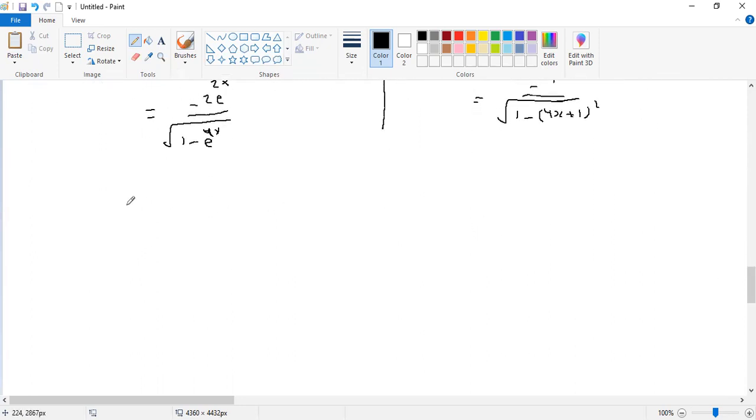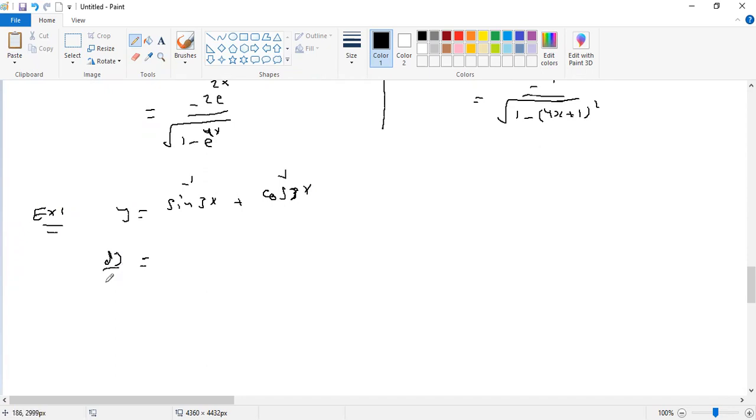Then another example. If I have y equals sine inverse of 3x plus cosine inverse of 3x.